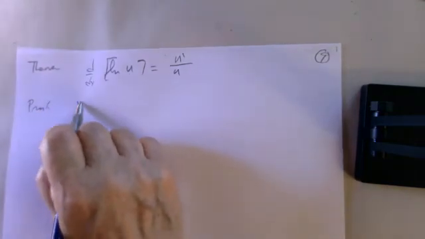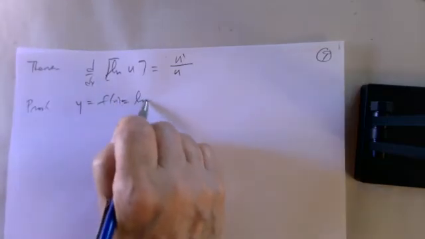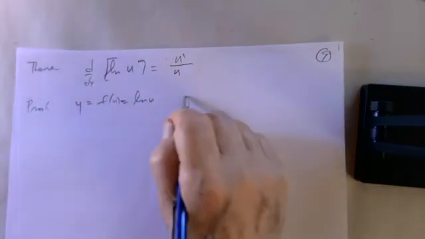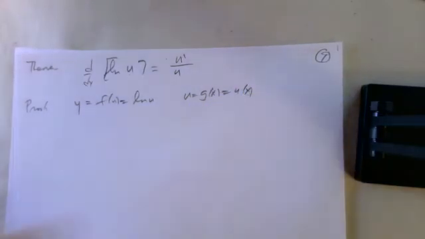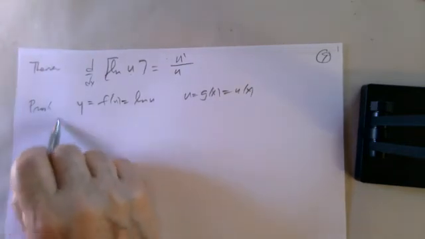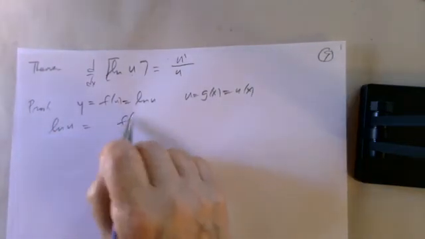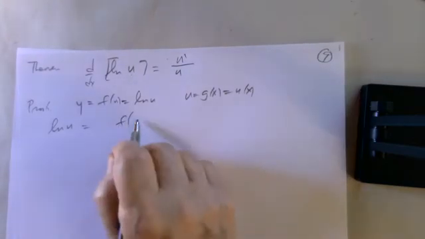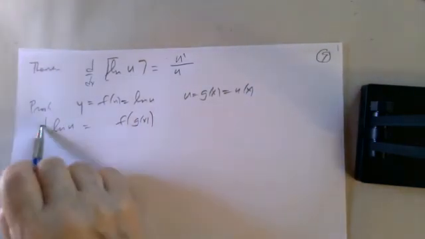Suppose y is what function of u? It's log u. And u is some function of x, which is just this function I'm calling u of x. So log u is exactly f of g of x in our standard notation.